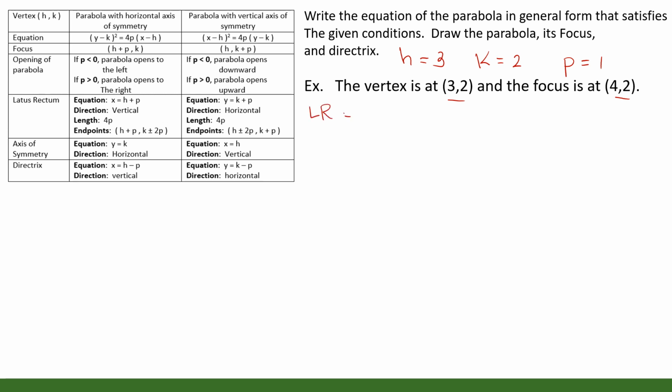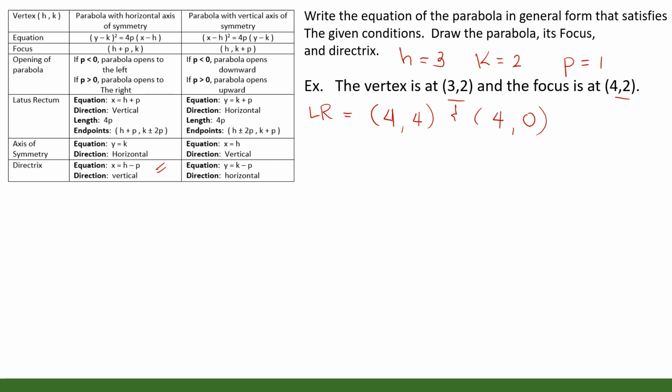For the latus rectum, we have h plus p, because we said we follow this column. Latus rectum: h plus p, so that is 3 plus 1, 4. And then k plus 2p. K is 2, and 2 times 1 is 2. So k plus 2p, that is 4. So (4, 4). And what? k minus 2p, so 2 minus 2. So (4, 4) and (4, 0). So these are the ends of the latus rectum.